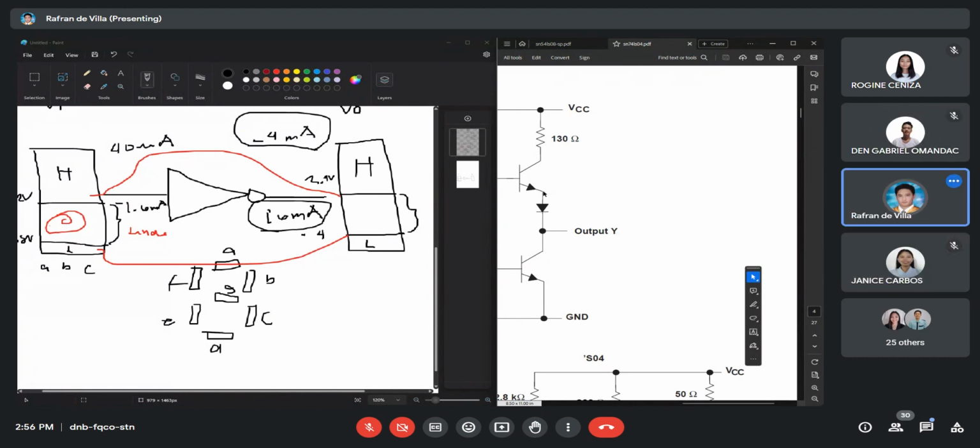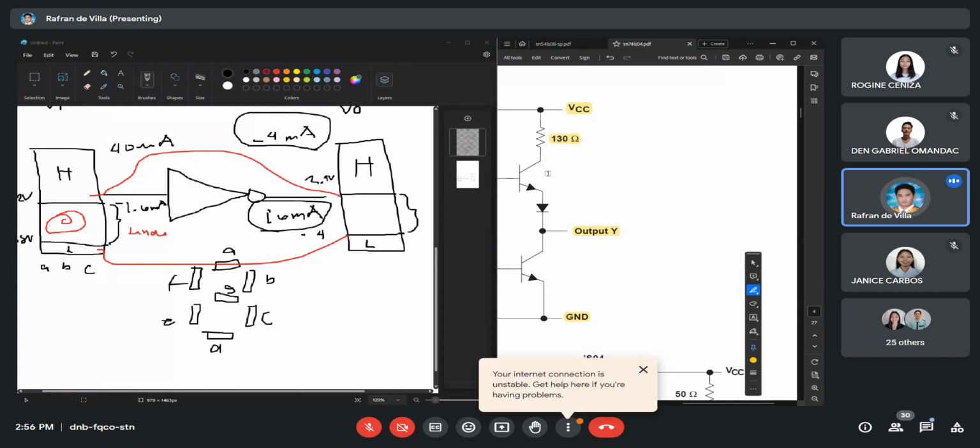So, if there is a need for you to generate an output high, the BJT here would close, allowing current to flow through the collector emitter junction, then to the output here, generating the current output high.